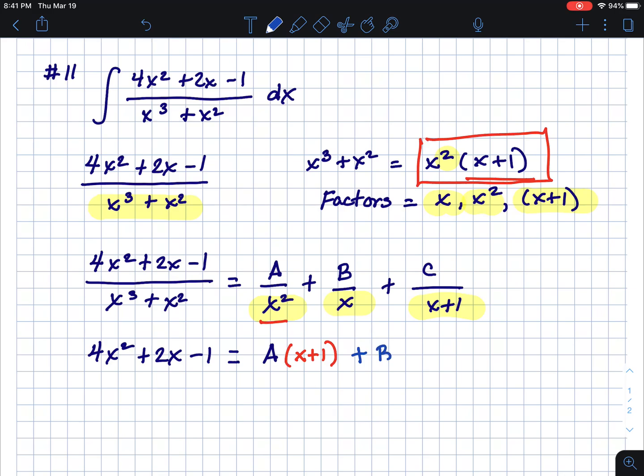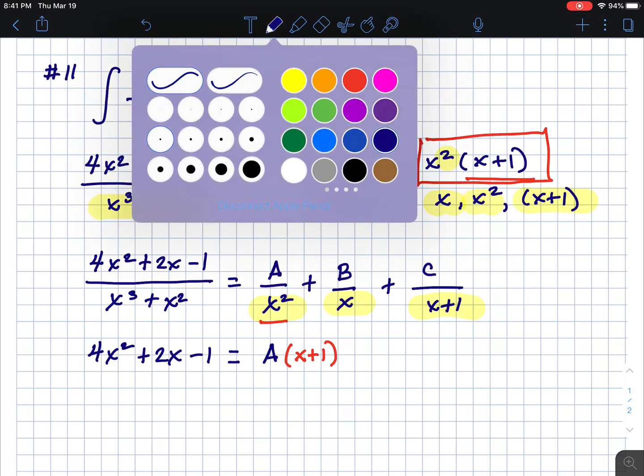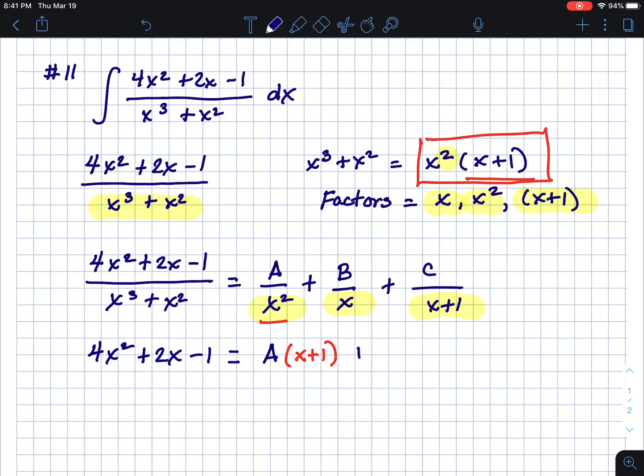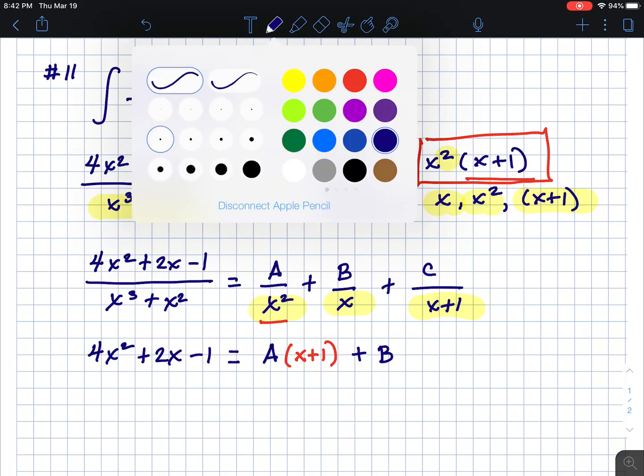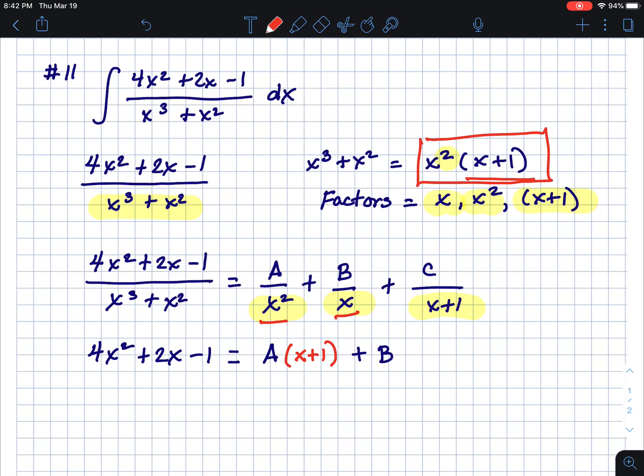So we have B here, and if we notice up top, we need another x, and we need an x plus 1.